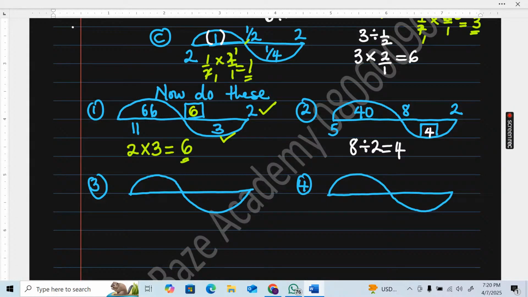So right here we have 3. In this space right here we have nothing, that's the box. 12 right here, 6 right here, and 2 in the curve below. So how do we find the number in the box?